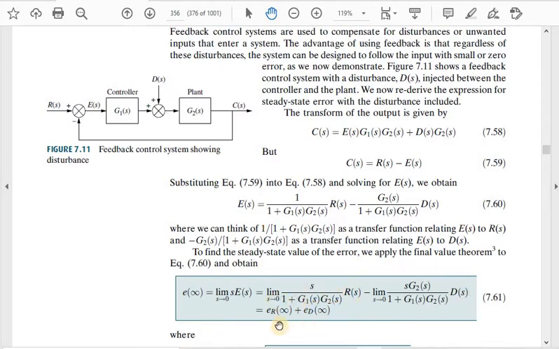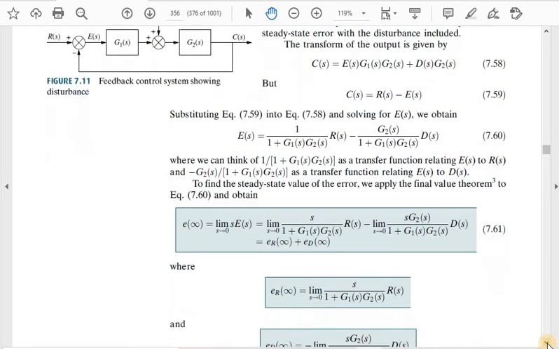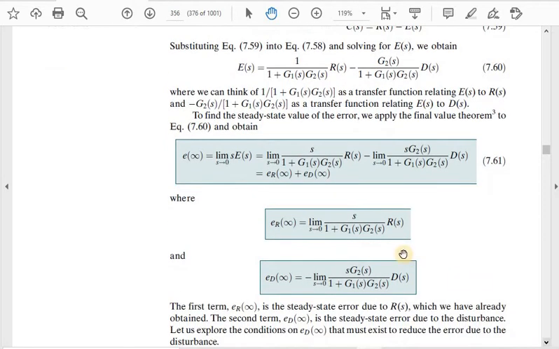So we get this, and we can represent this by e_R of infinity plus e_D of infinity. The main idea here is that the steady state error depends upon the error due to input minus the error due to disturbances. If I represent this error by e_D and this error by e_R, this is the summation of both errors, where this one is with the input and this error is with the disturbances.